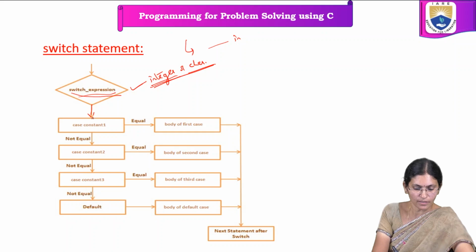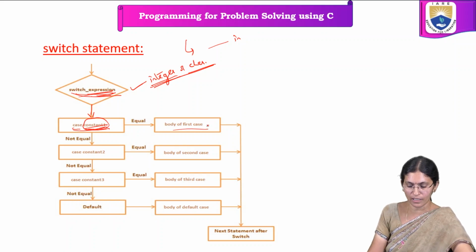Then after that it will check each of the case labels. Case followed by a label; here the label is constant 1. It will perform an equality check between this label and the evaluated expression. If constant 1 is equal to the output of the expression, then the body of the first case will be evaluated.